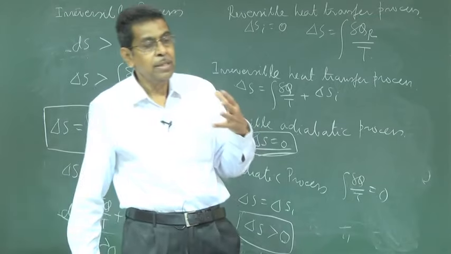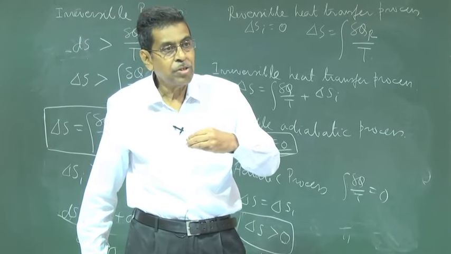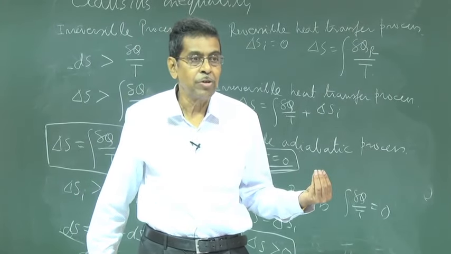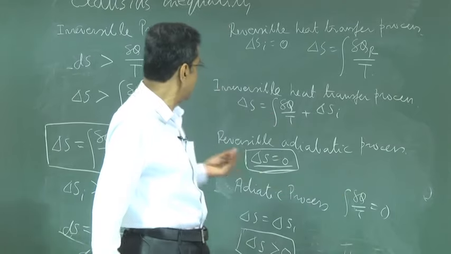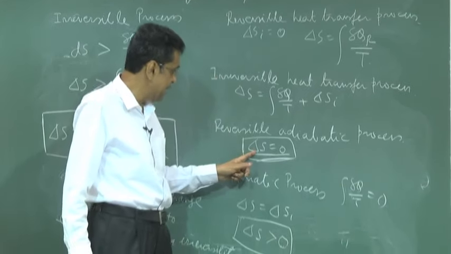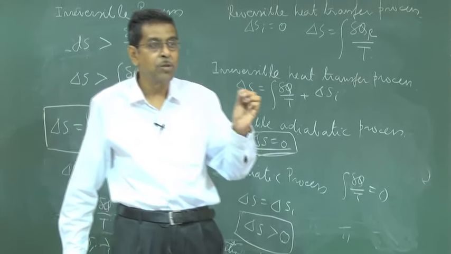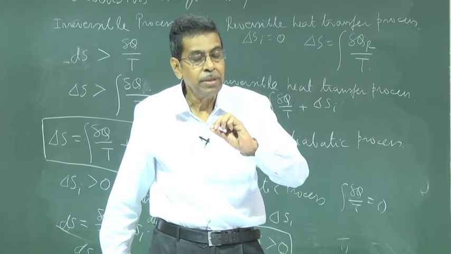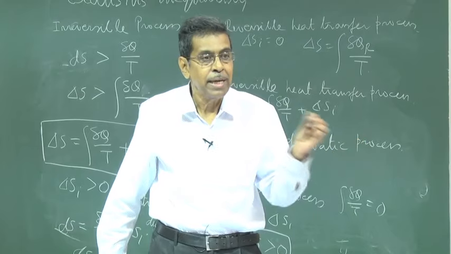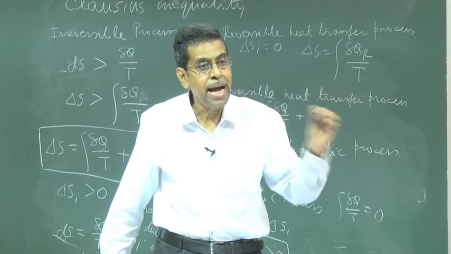That means the initial entropy is the final entropy and entropy remains the same. But this is not the same as the reversible adiabatic case, because a reversible process passes through a series of equilibrium states. So in a reversible adiabatic process, entropy remains the same throughout the entire process.